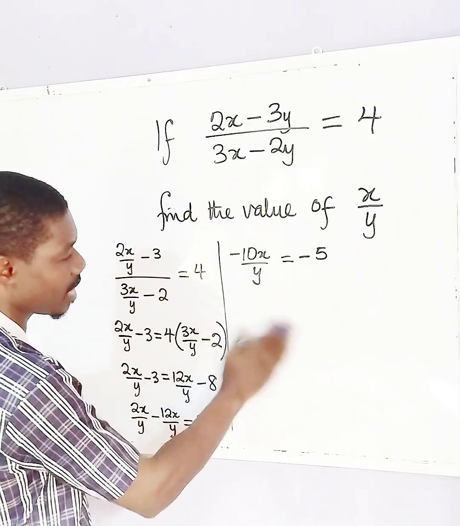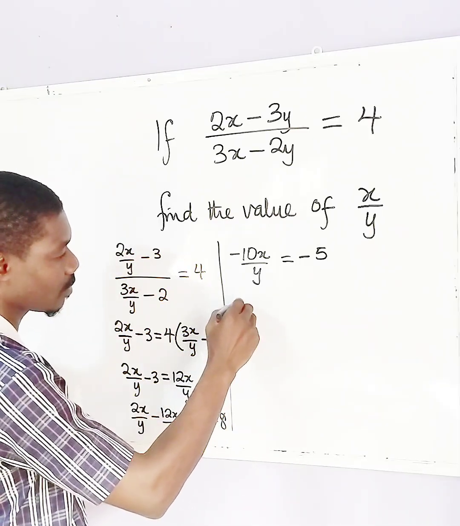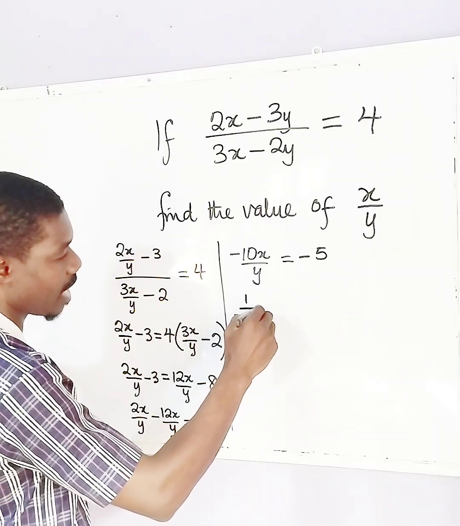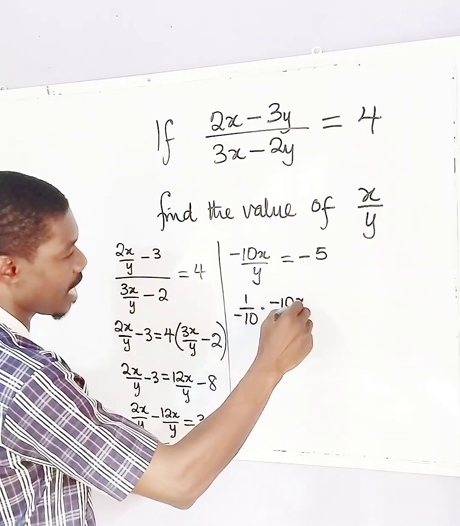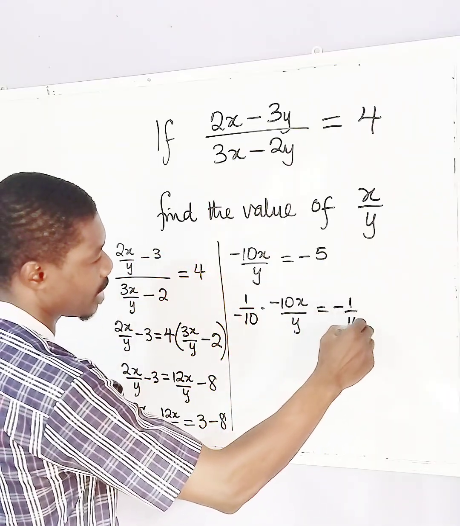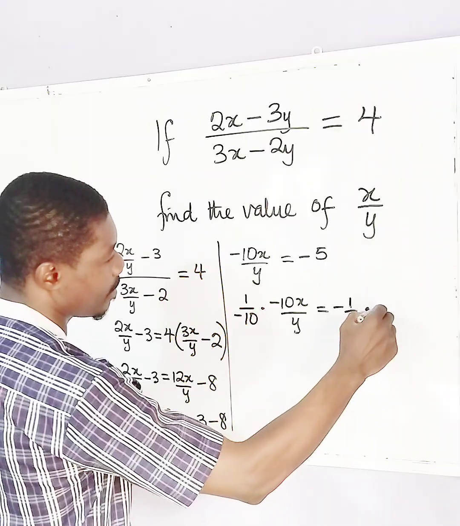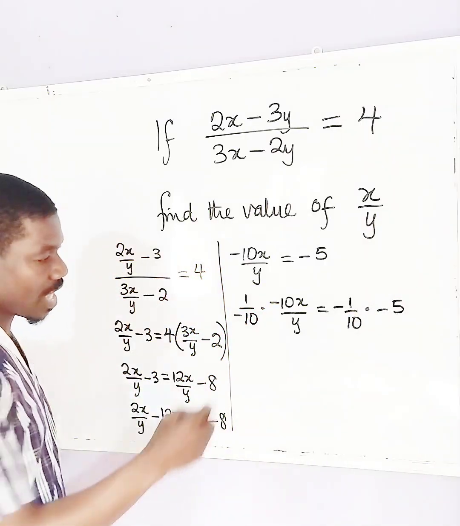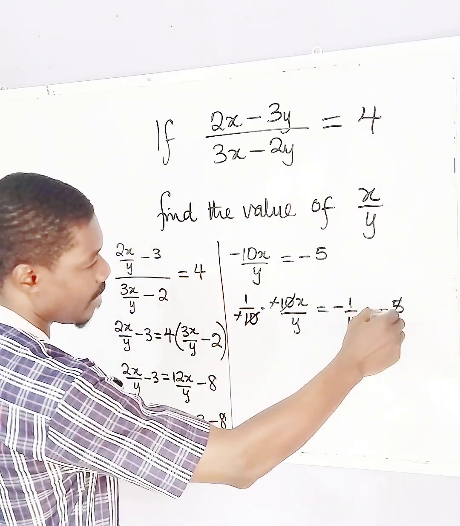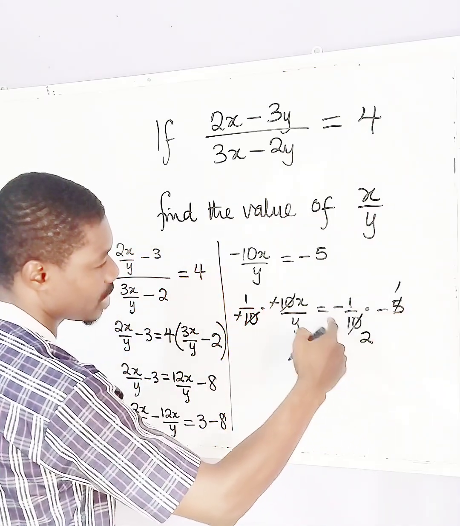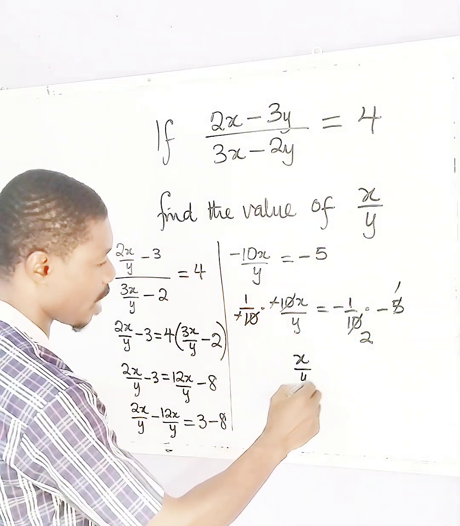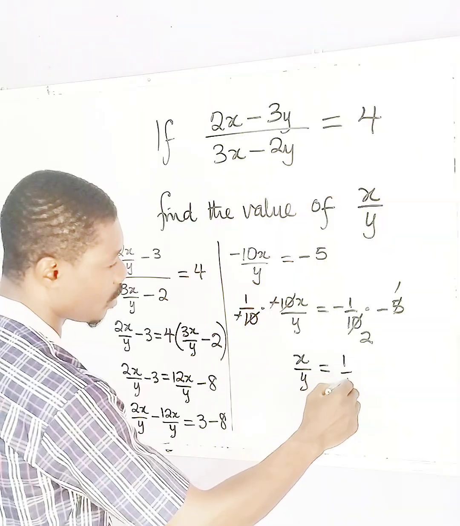That will give us 1 over negative 10 times negative 10x over y, equals negative 1 over 10 times negative 5. Now this clears off this. 5 goes into 5 one time, and 5 goes into 10 two times. Then minus times minus will give us plus. So we are left with x over y equals 1 over 2.